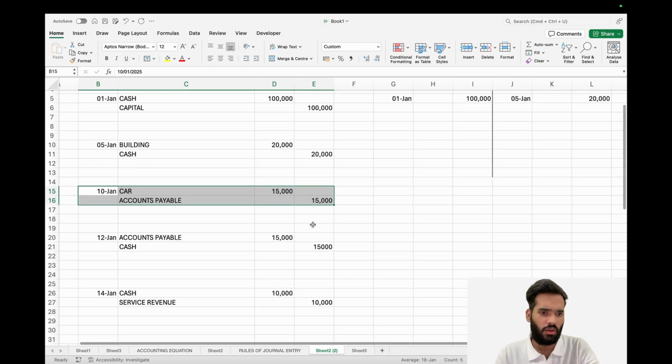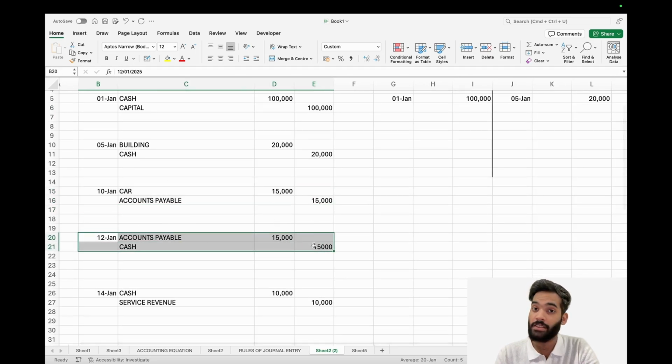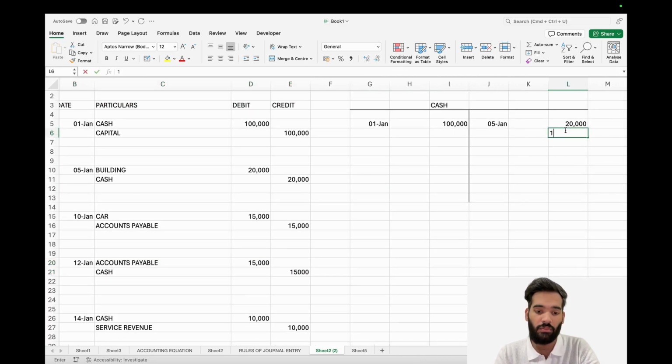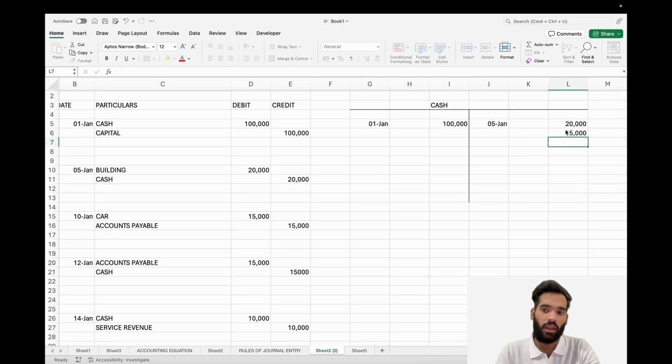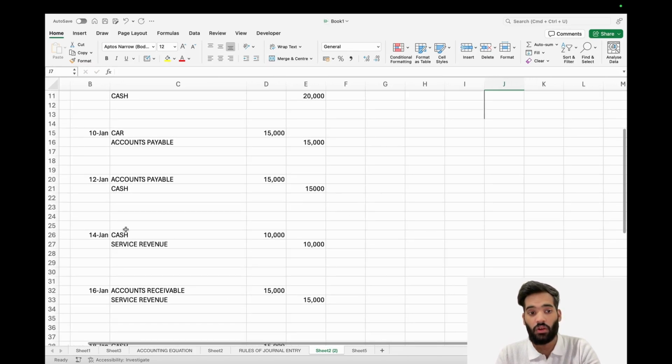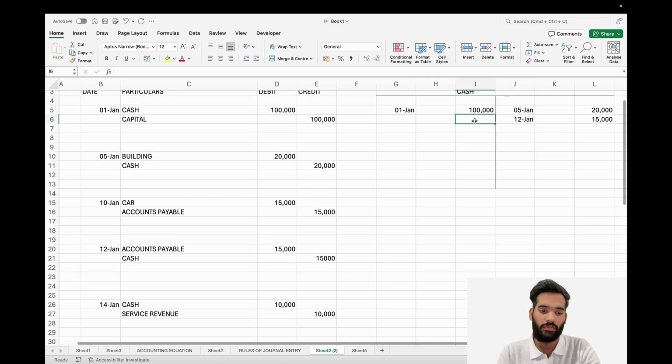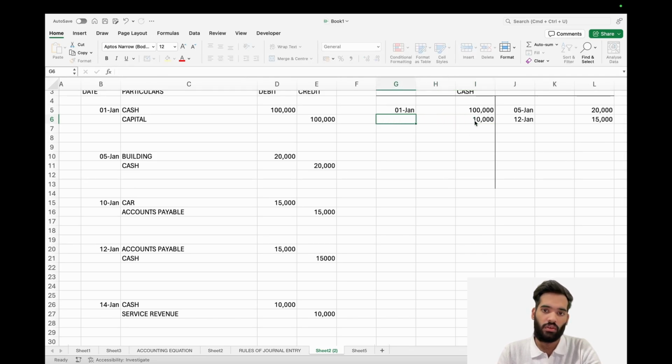No. Fourth one, is there cash? Yes. It's a credit again, so I'll do the cash credit of 15,000 and the date will be 12th of January. Perfect. Then on 14th of January, we are receiving cash, meaning cash debit. So on the debit side, I will write 10,000 and 14th of January.